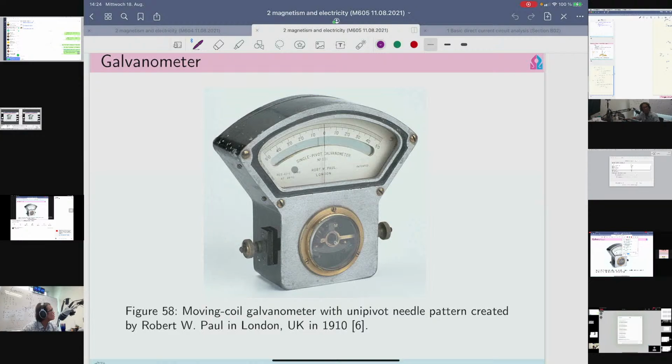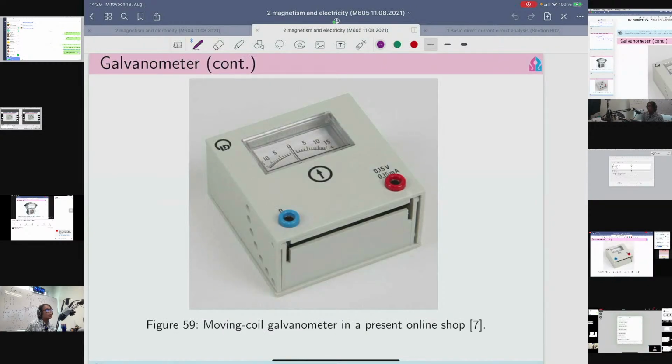Here is the version that you can find nowadays on the market, in an online shop. You can buy it by ordering from any online shop.